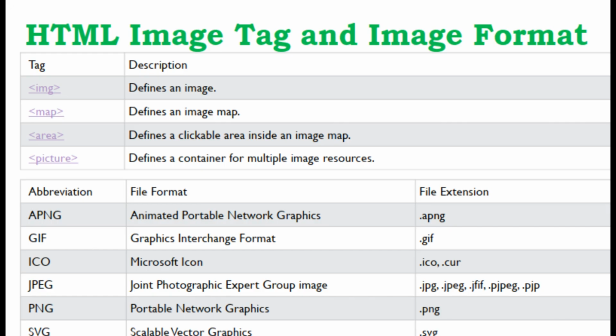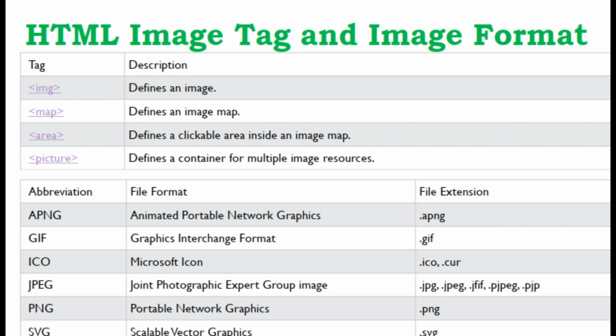The area tag defines a clickable area inside an image map. The picture tag defines a container for multiple image resources.